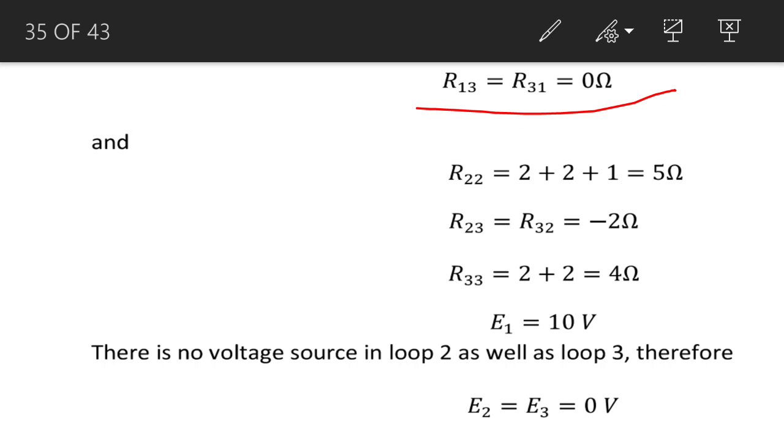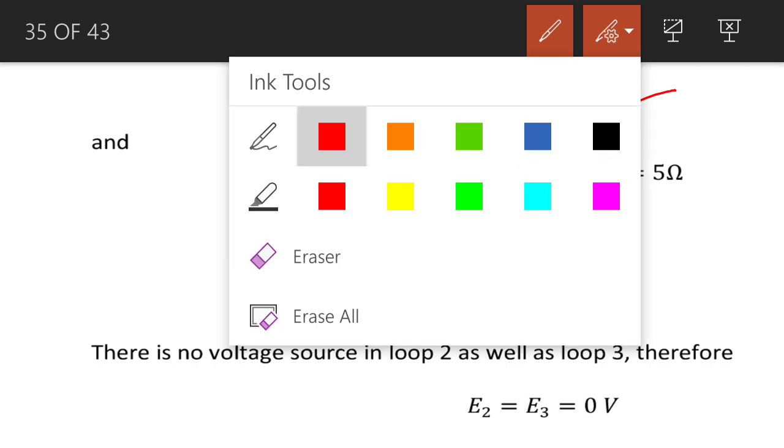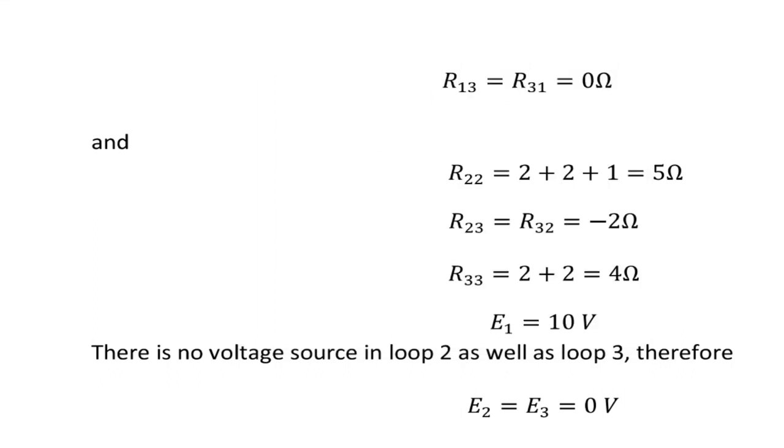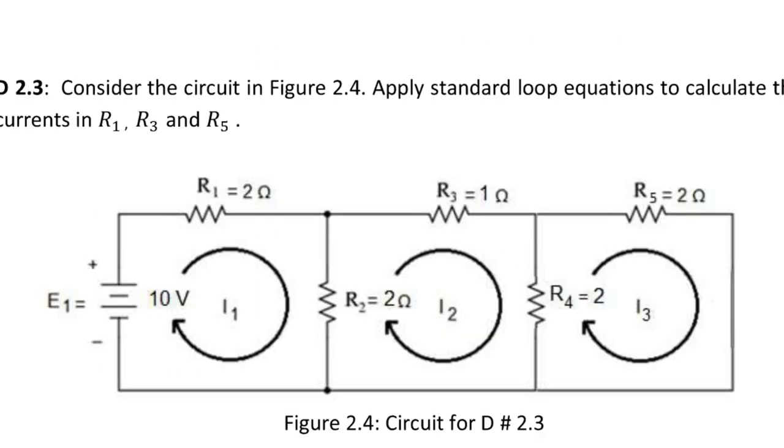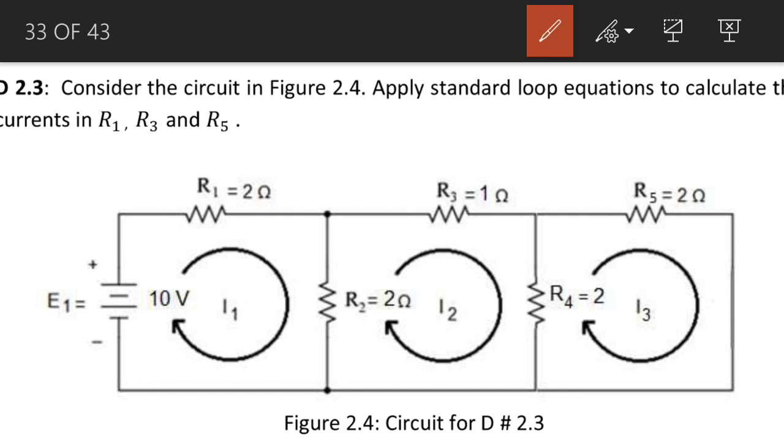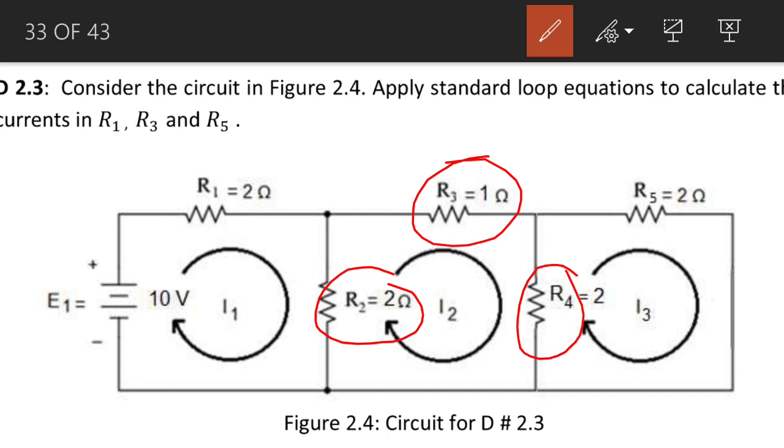Now we are going to find out R22, that is the total self-resistance of loop number 2. There are 3 resistors in loop number 2. We take the sum of all these resistances. So you see R2, R3 and R4 belong to loop number 2.